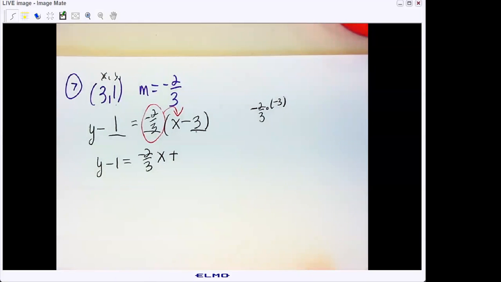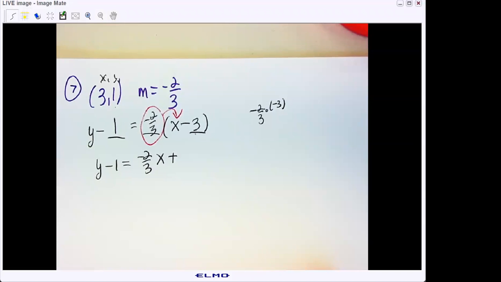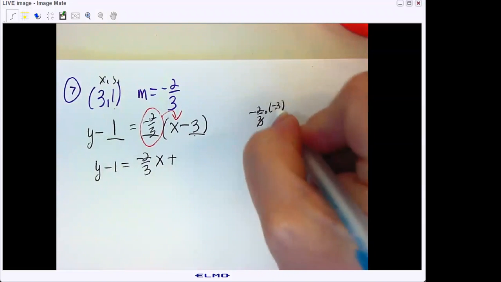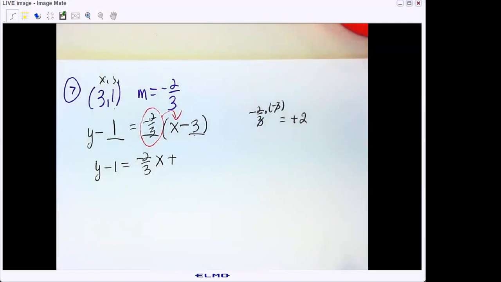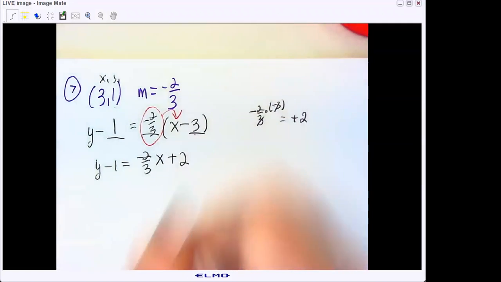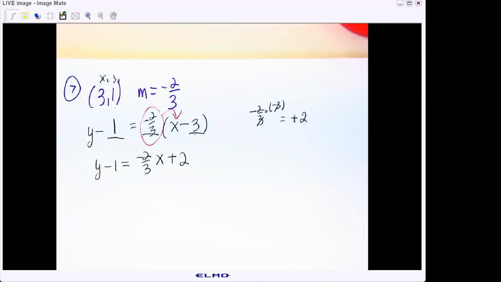What happens to my 3's? They cancel out. So this goes in once, that goes in once. So a negative and a negative make a positive 2. So there you go. Thank you, Matthias. Yep.